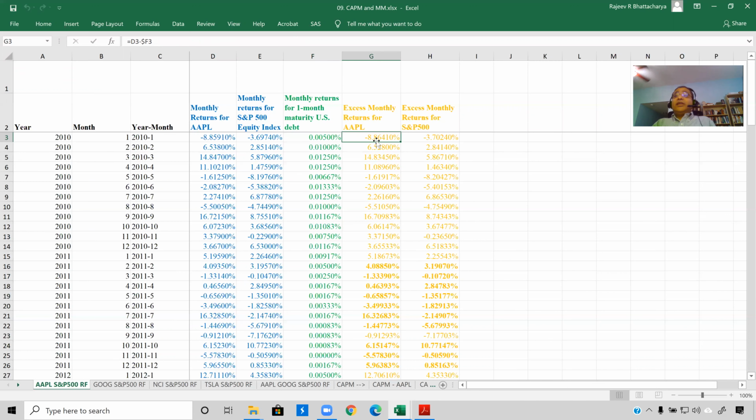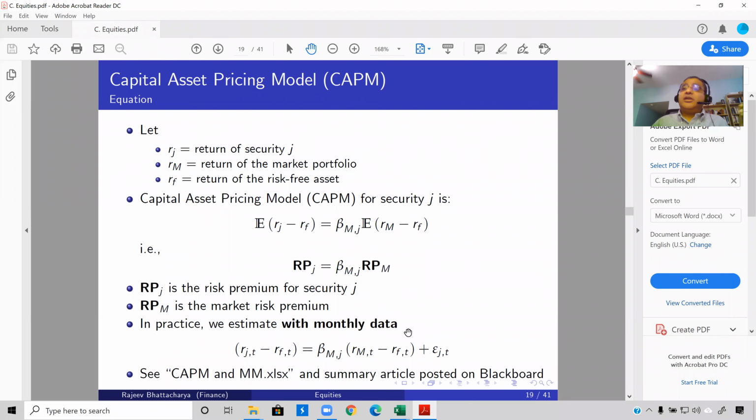All right, then what do we need to do? We need to calculate the excess monthly return. So going back to our CAPM equation, it is the risk premium of the security in question, in this case Apple.